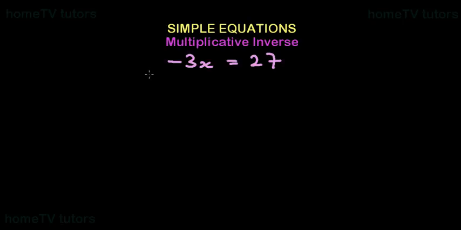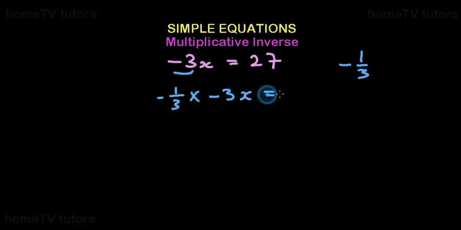Since in this equation we are to find x, we'll be multiplying both sides of the equation by the inverse of minus 3, which is minus 1 over 3.